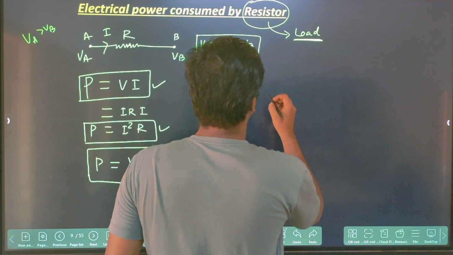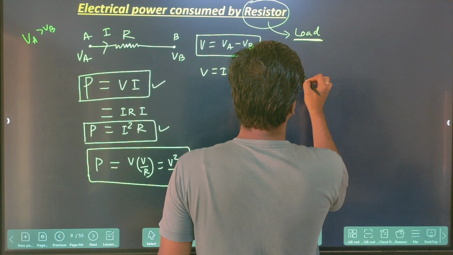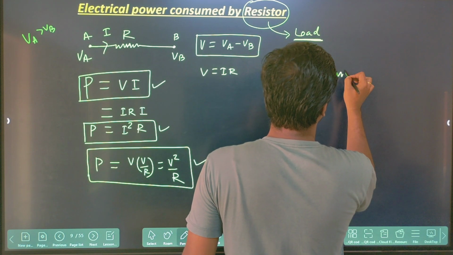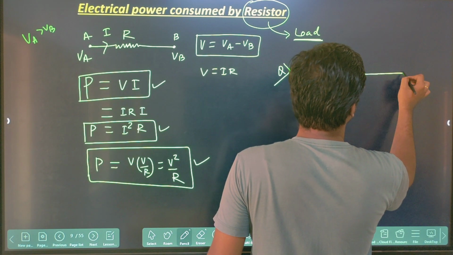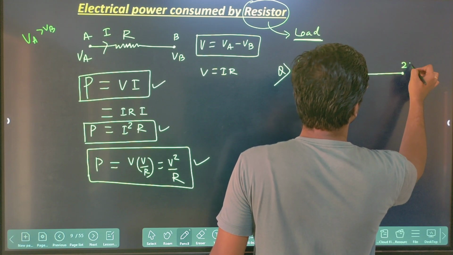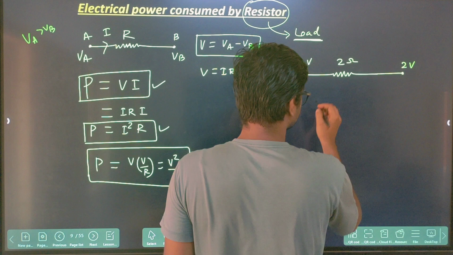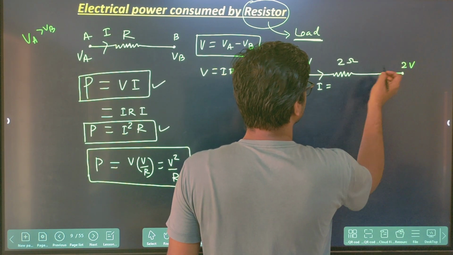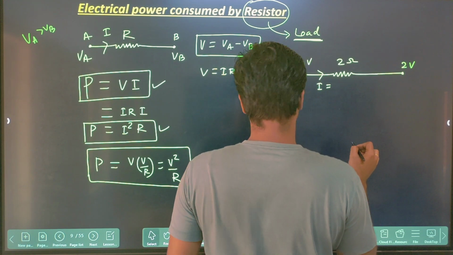Let's take one example. Let's say this is your 10 volt and the resistance is your 2 ohm, and here this is 2 volt. Obviously you know the current will be 10 minus 2, or you can calculate here and directly write, right?